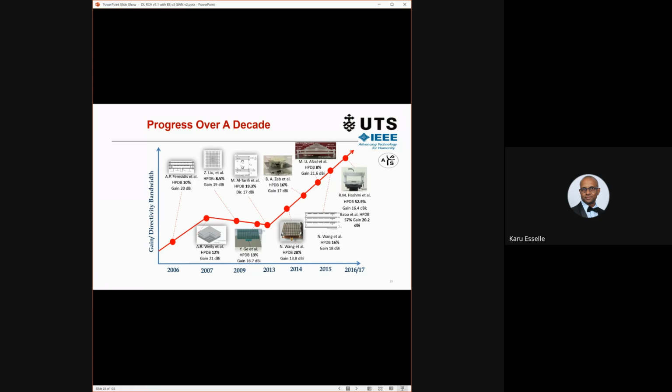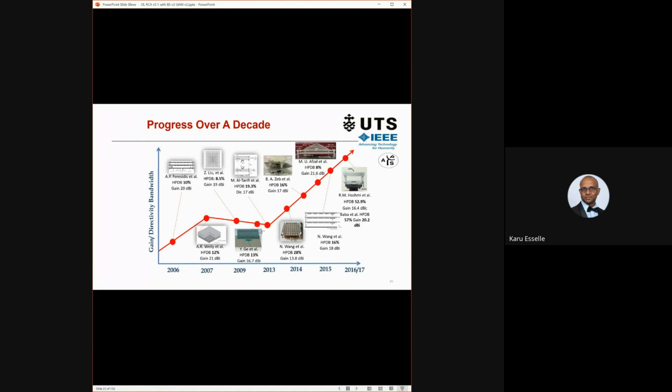You heard about the Trentini paper, but after a long time, antenna engineers did not bother about this type of antenna because they were not very exciting. The bandwidth was narrow.